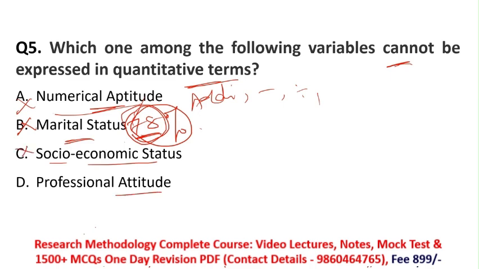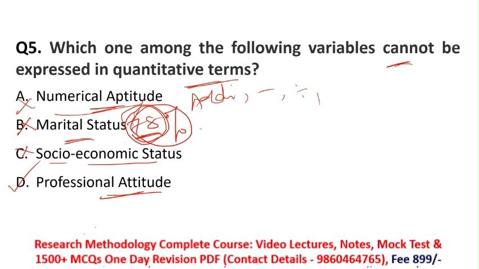Then option D, professional attitude. Yes, professional attitude cannot be expressed in quantitative terms, or in the form of numbers. Professional attitude means the manner in which you conduct yourself in a professional setting. Whatever your answer will be, it will be more formal and personal, based on every person.